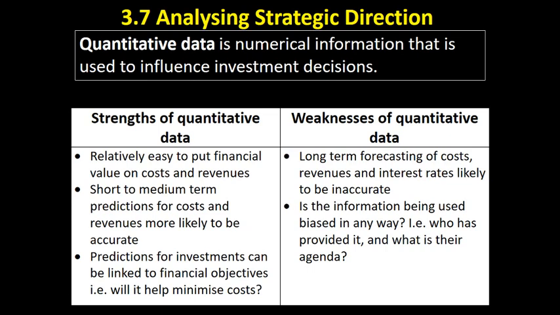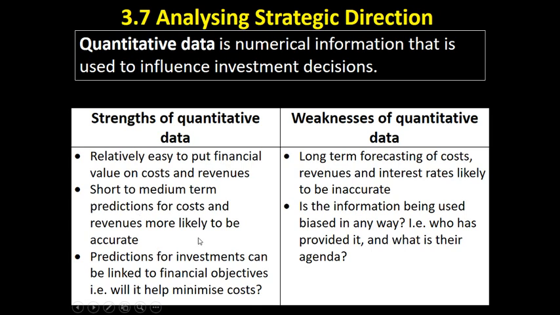So just finally to finish off, we want to consider the use of quantitative versus qualitative data. So quantitative data is numerical information that is used to implement investment decisions. The strengths of quantitative data is relatively easy to put financial value on costs and revenue.